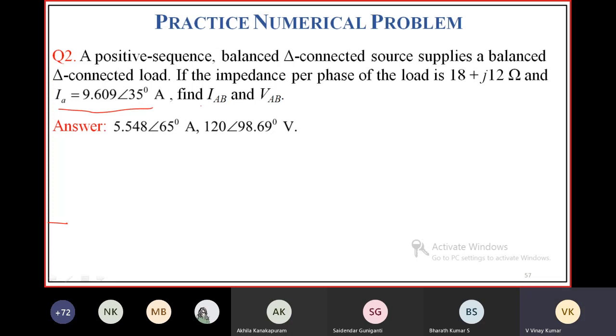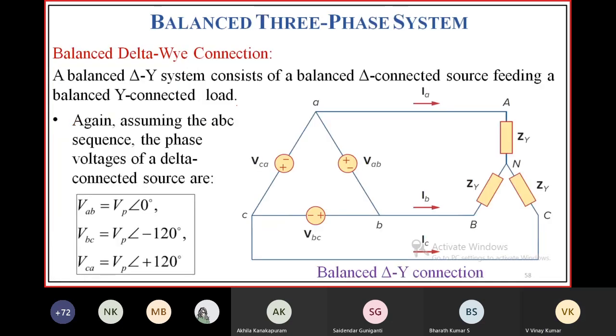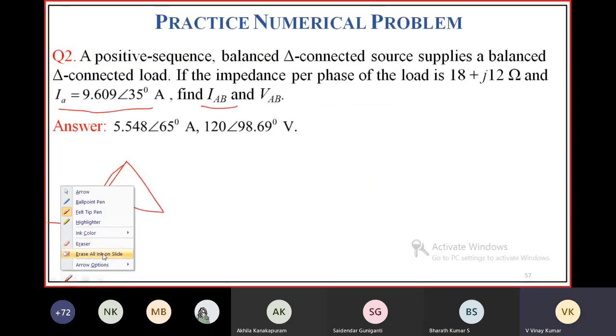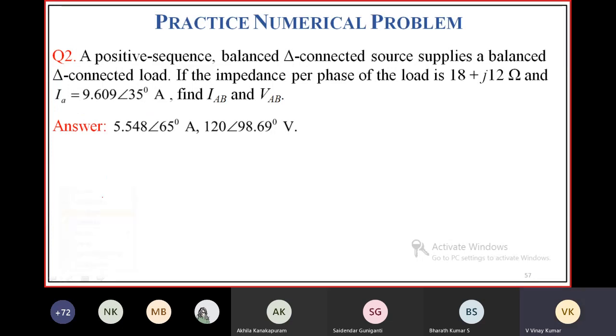All you need to find is the phase current, and this is for a delta connected source.